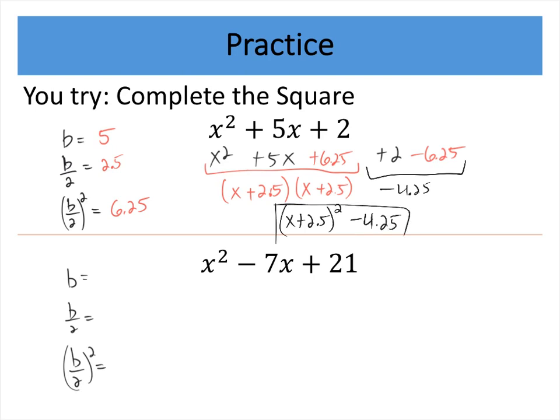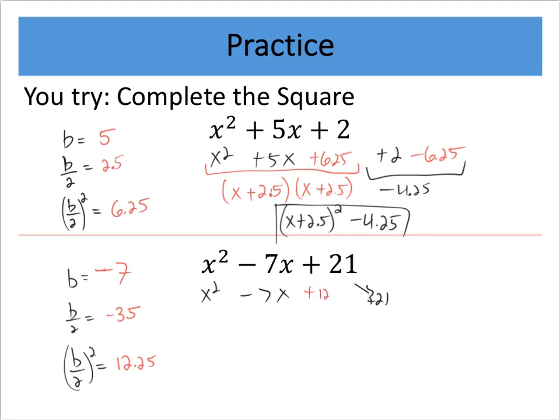If you haven't tried the last one on your own, pause the video, try it, and then come back and watch the answer. I'm going to do it without talking, hopefully. Here we got negative, we'll talk, fine. Negative 7, half of that is negative 3.5. Negative 3.5 times negative 3.5 is positive 12.25. So x squared minus 7x, move the 21 over, it's plus 21. We're going to add 12.25.